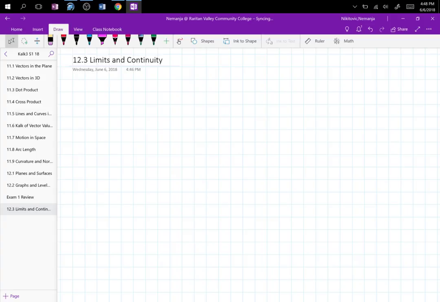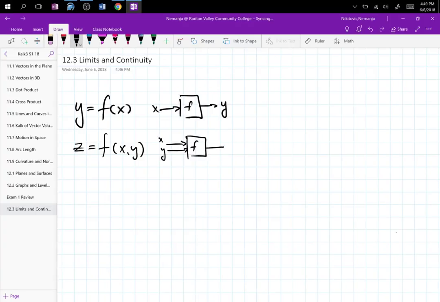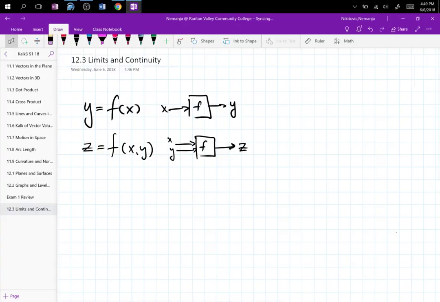We said that first we know that y equals f of x, which means input x, f acts on it, y goes out. Then we upgraded to z equals f of x y last class, which is two values come into the box and z value comes out.